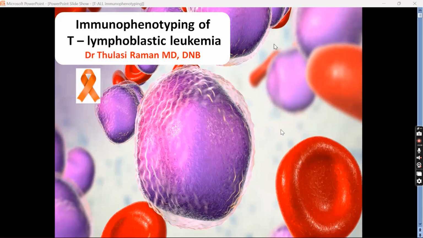Another very important and least used indication for flow in CML is differentiating whether it is CML or a leukemoid reaction. Mostly we don't, but that will be done by a technique. I've included a slide in the next lecture, I'll tell you again.